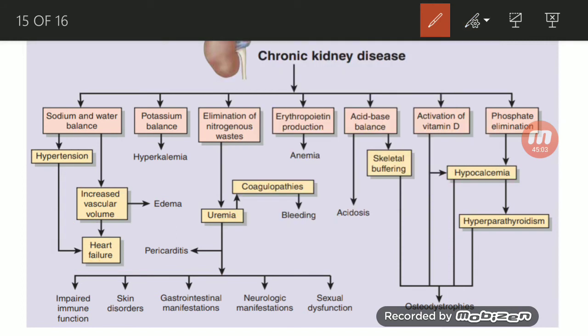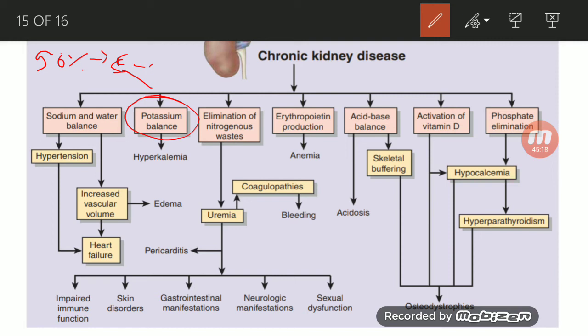Second is potassium balance. Whenever we talk about potassium balance, 90% of the potassium from your body is excreted through your kidney.